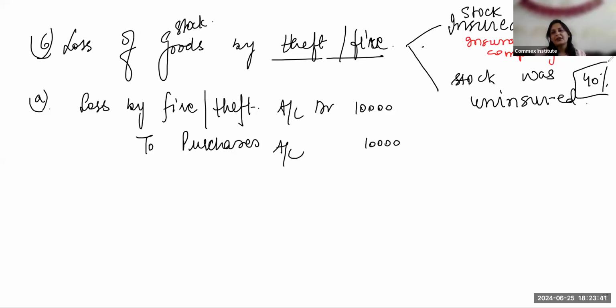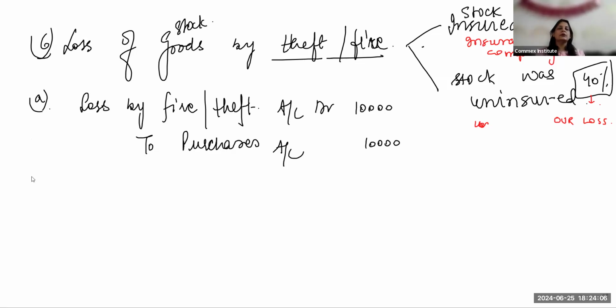Ourselves. So if 40% was uninsured, let's say, then whose loss is it? It is our loss. Right? So if I talk about this 10,000 and 6,000, suppose the insurance company is going to pay me and remaining 4,000 would be my loss.